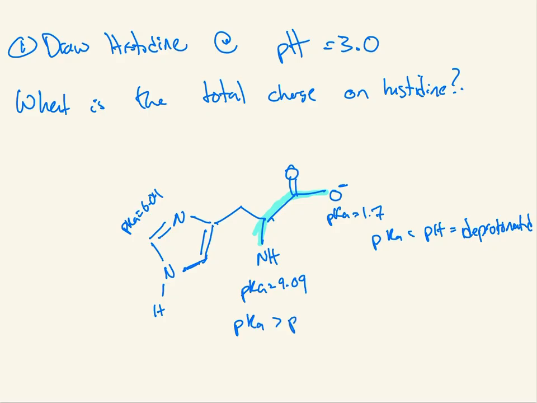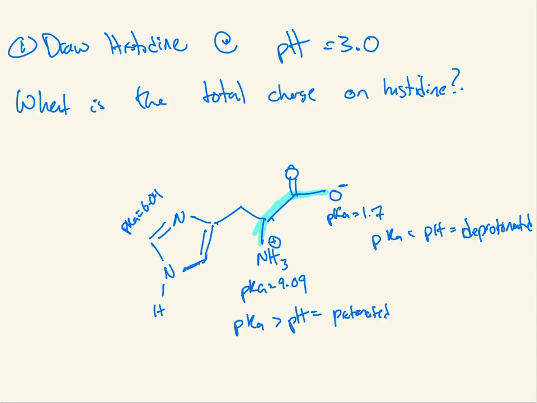Greater than the pH of the solution, which means it's protonated. So how many hydrogens do we have on that nitrogen? It should be 3, and it should be positive or neutral, because that's what we're going between for an amine. Positive, it has 3 hydrogens in the protonated state. For an amine, that means it's positively charged.